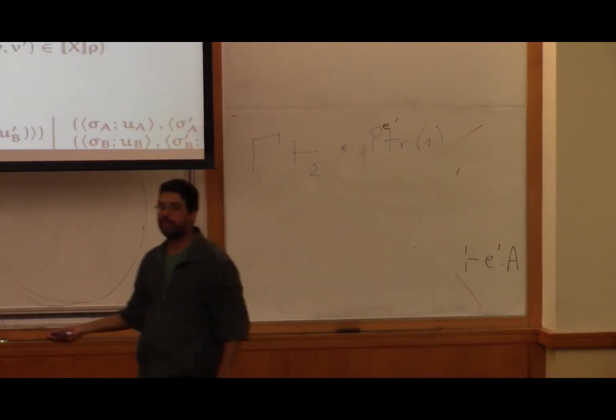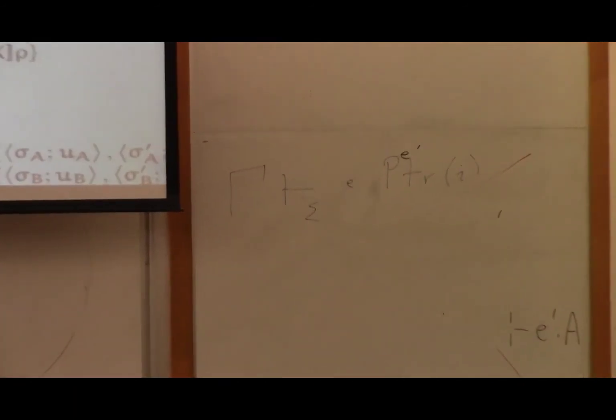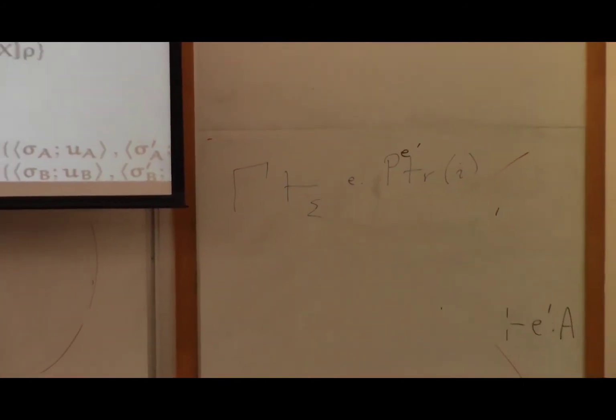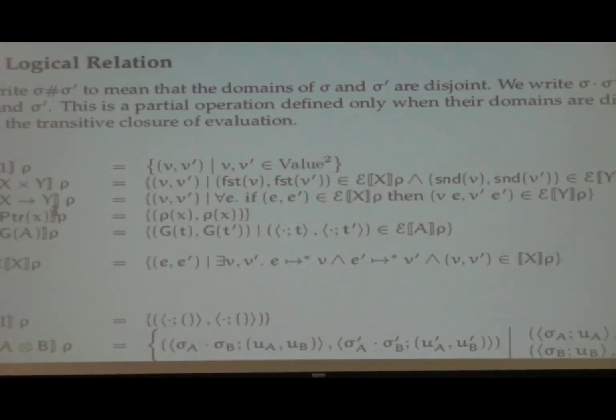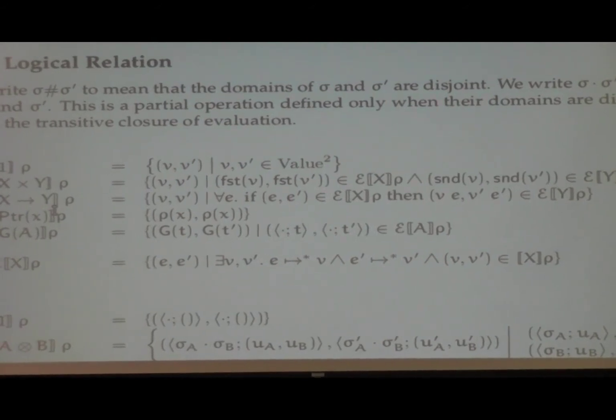So when we interpret a type, we actually have to give an interpretation to all of those variables. What rho does is take a sigma and send each element of sigma to a location. So the pointer type says that the type pointer x is a singleton type containing the one element rho of x. We look up a location in rho, and that's the meaning of the pointer type.